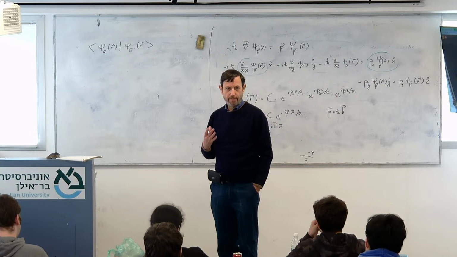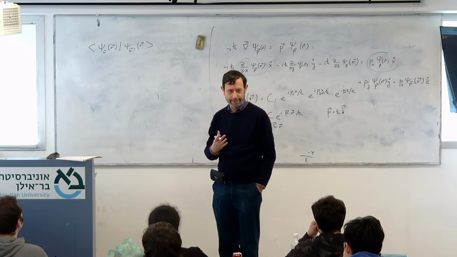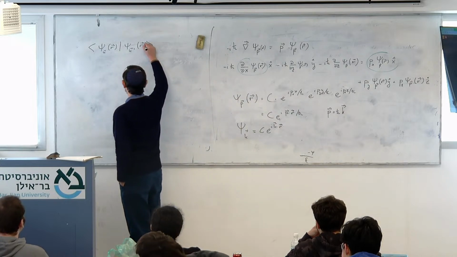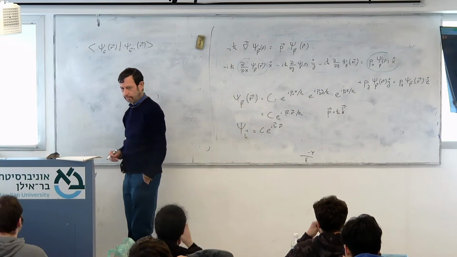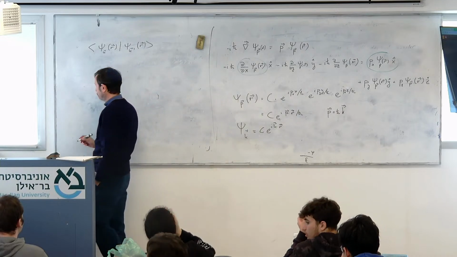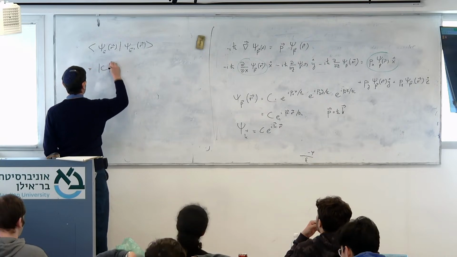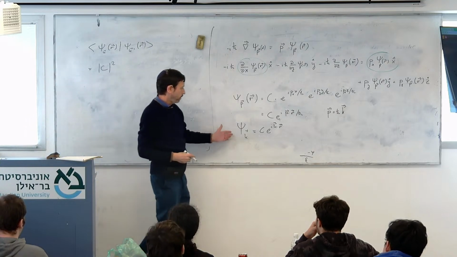If it were a discrete operator, we would expect to get 1. Here, let's see what we'll get. I'm just writing down the definition here.